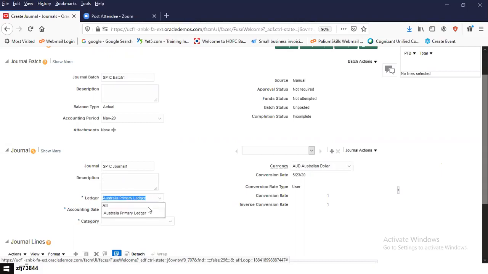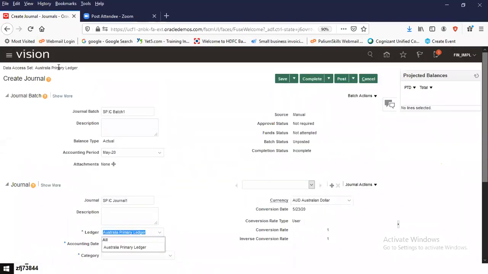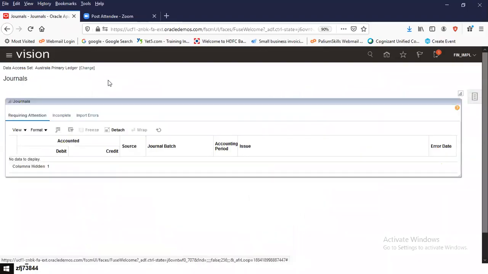primary ledger will, oh, this is set to the Australia primary ledger. We have defined it for US primary ledger, right? So I need to change it.